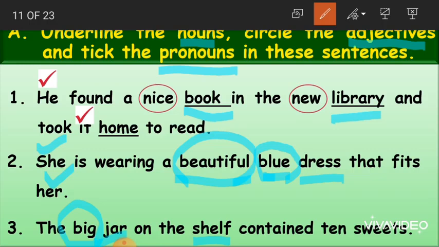An adjective. And sweets also become a noun here. So that's why I have underlined that. And do we have any pronoun here? No, we don't have any pronoun in this sentence. The only things are jar, shelf and sweets. These three become nouns and big becomes an adjective. Okay, children. So now we'll go to the next exercise.